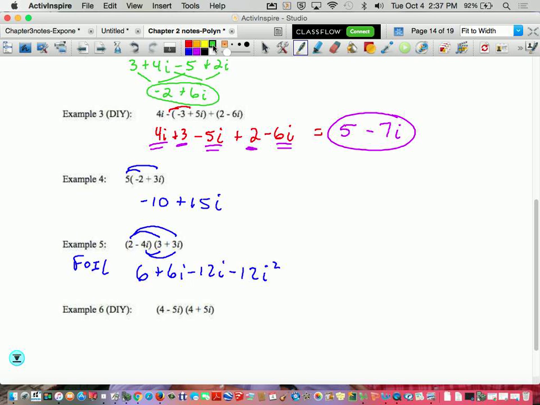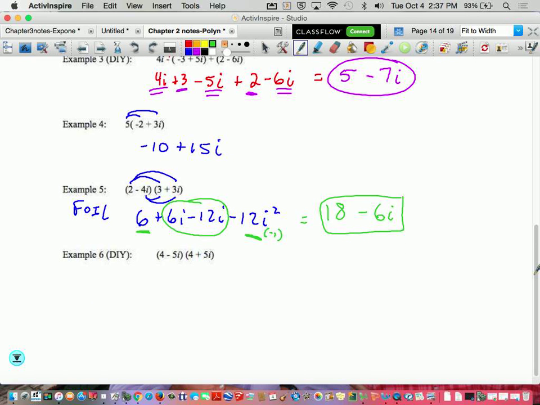The real difference comes right here: i squared is -1. With i squared being -1, I really have 6 plus 12i, because -12 times -1 is positive 12. So I get a total of 18 for my real number, and these two together add up to -6i. So FOIL or box method, nothing really changes. It's just that you have i squared to look at.